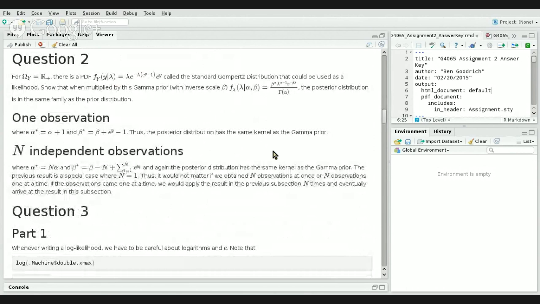Question 2 was an analytical one where you have a likelihood. This happens to be a distribution called the Gompertz distribution, or a standard version of it. There's another parameter in general, but I've set that equal to 1 on this problem. And then we had a gamma prior, although in this case the gamma prior is parameterized in terms of an inverse scale parameter beta.